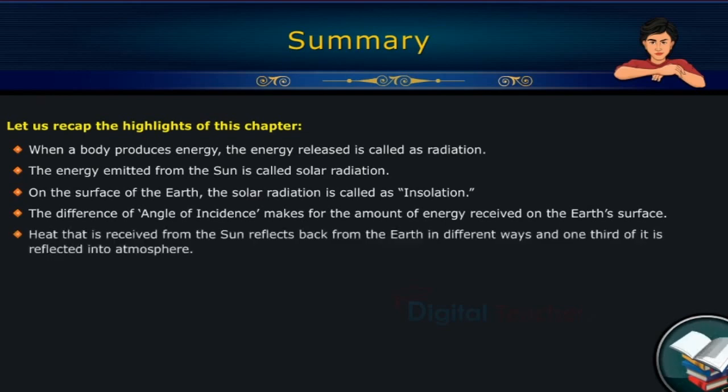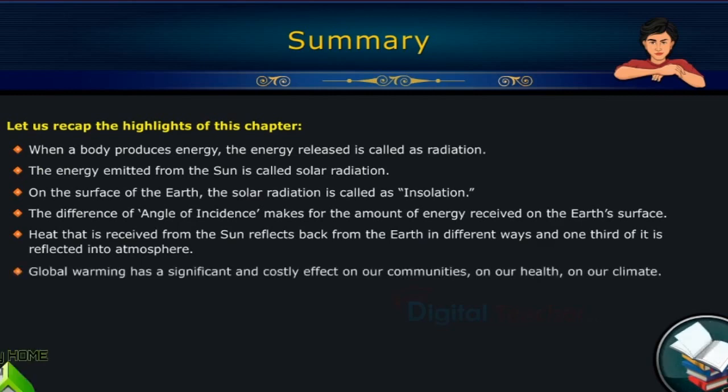Heat that is received from the sun reflects back from the earth in different ways and one-third of it is reflected into atmosphere. Global warming has a significant and costly effect on our communities, on our health, on our climate.